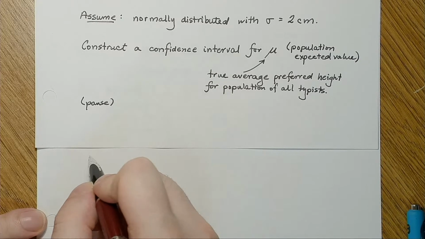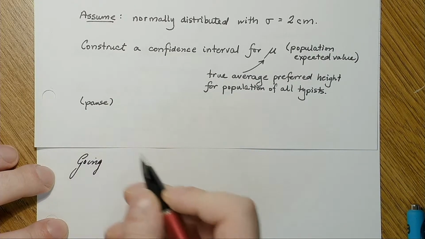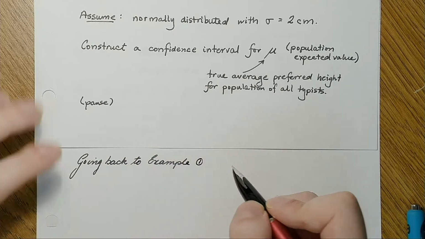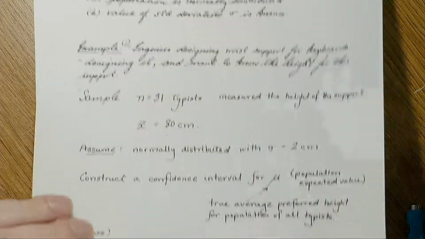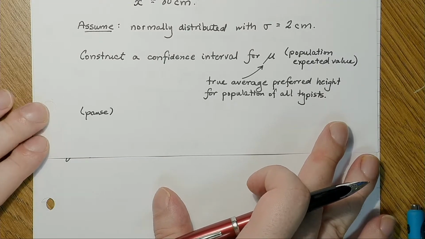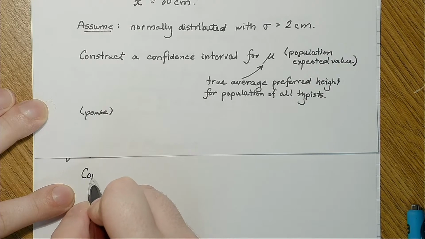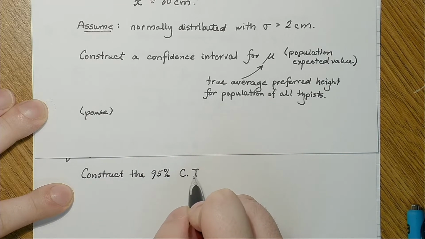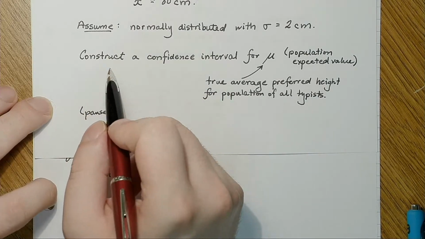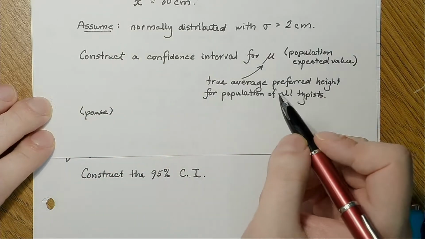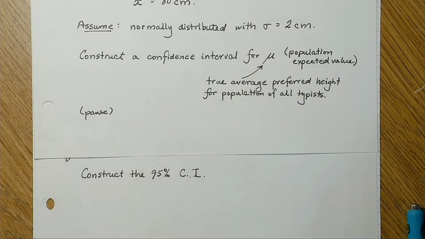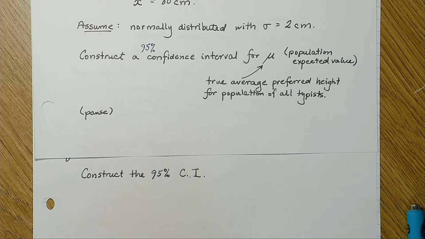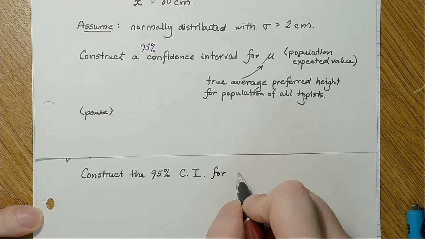So going back to example 1, we can construct our CI. Notice how we were saying construct a confidence interval. Well, you need to specify what level of confidence you would like. So we're going to specify that it's a 95% confidence interval for the true average preferred height.